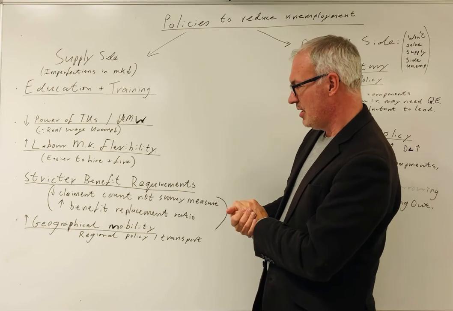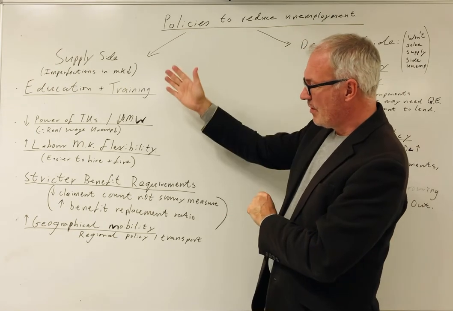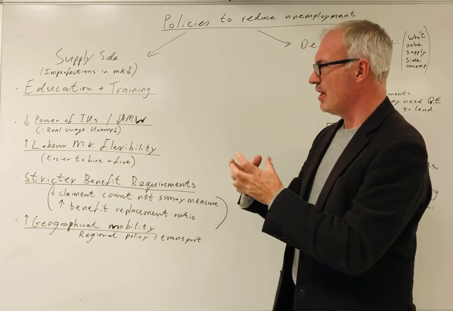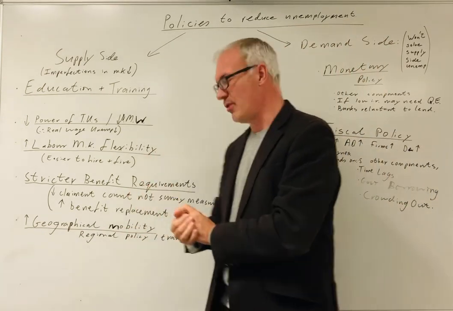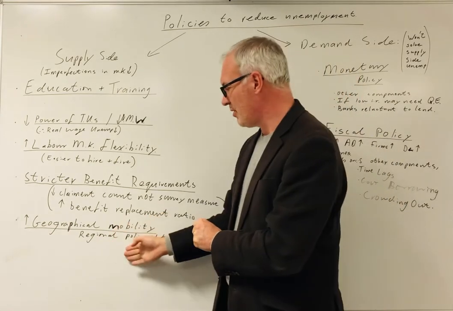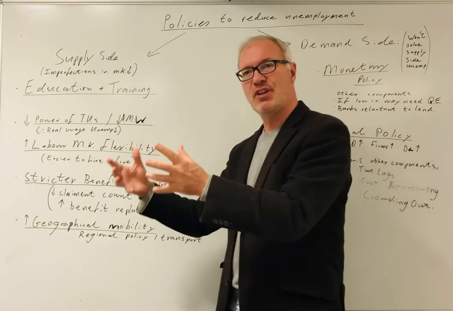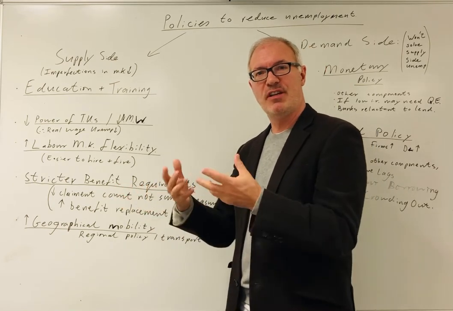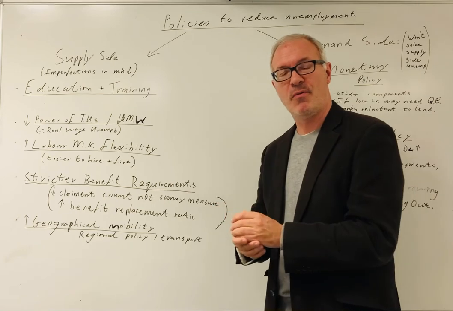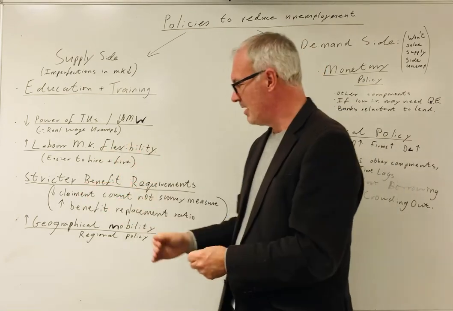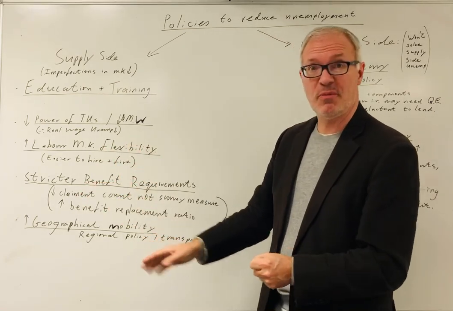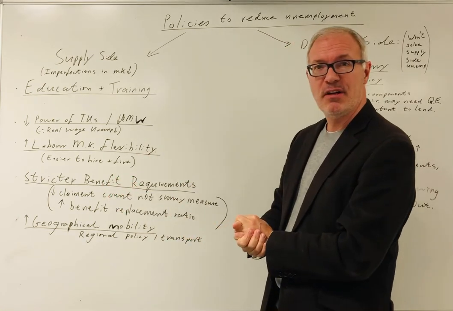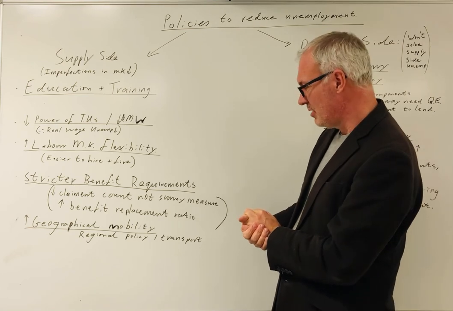And then lastly, not least, we've got geographical mobility, and this should actually help reduce structural unemployment. So if you have regional policy where firms move to areas of relative deprivation, relatively slow growth and with pockets of high unemployment, then a good example might be Nissan locating in the northeast of England, an area of relatively high unemployment.